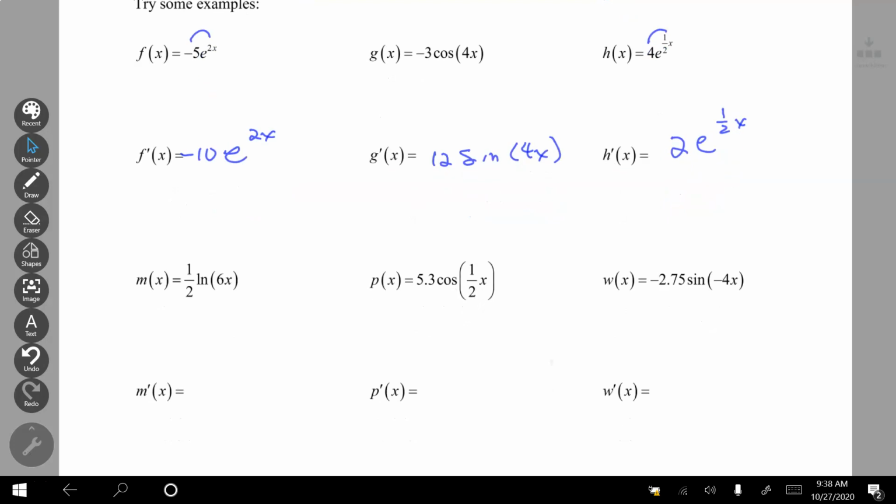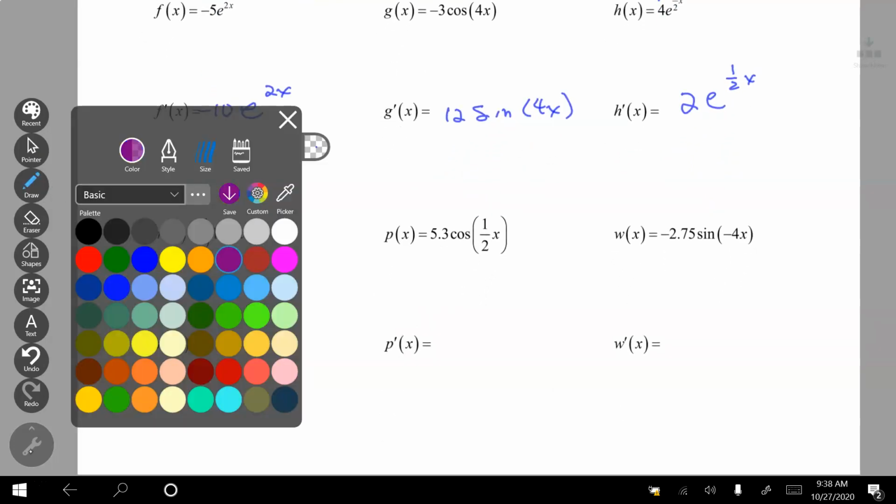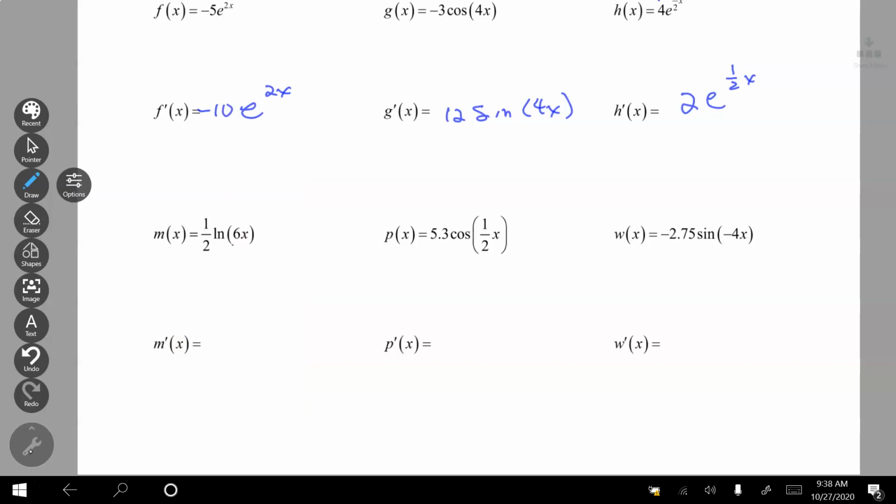Let me move this up a little bit. Pick a different color. Well, ln of 6x is still going to be 1 over x times a half, so it's going to be a half times 1 over x. I get 1 over 2x. Is this derivative? Cosine is going to be a negative sine of a half x.